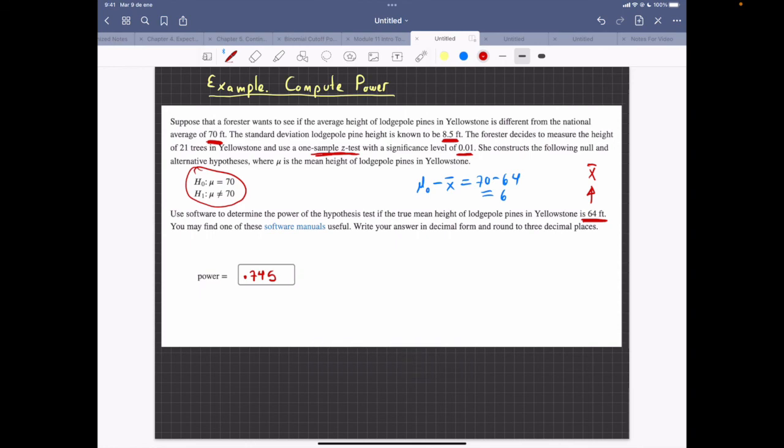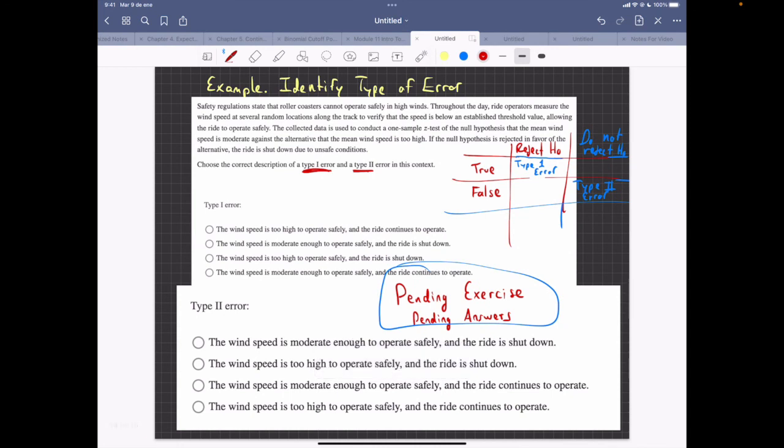And there you have it. All right, so the previous exercise is pending. I will let you know the answer because I don't know why, but I think the context of the problem changed, right?